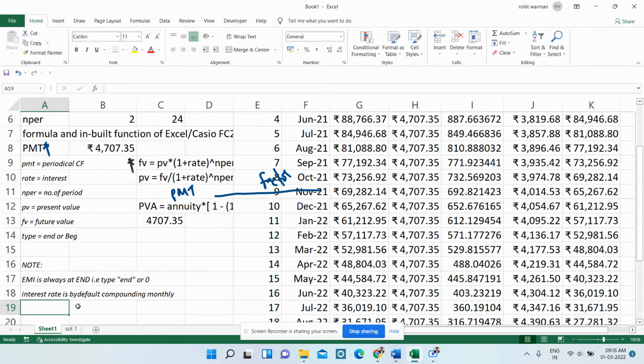If it says something else, then you have to go with that. Suppose if they say yearly compounding, then you go with that. But in the absence of any information, if the question is silent, then you have to take compounding monthly only. And we always have to pay EMI at the end. So type or the mode will always be end only, sir.